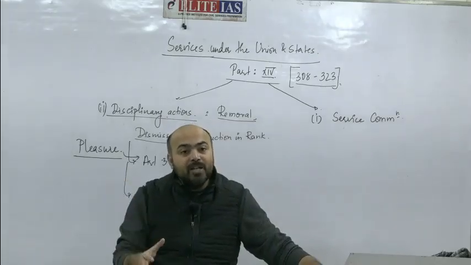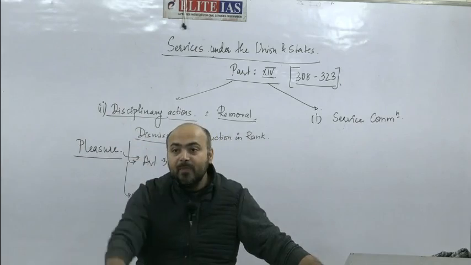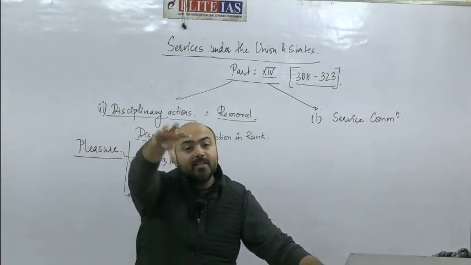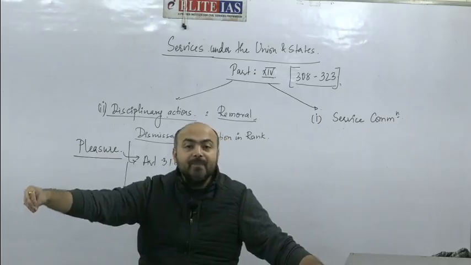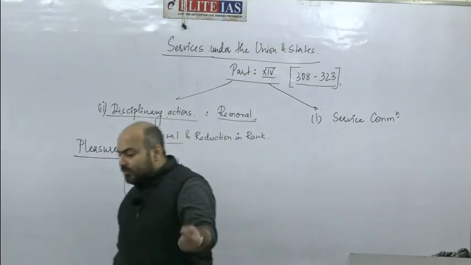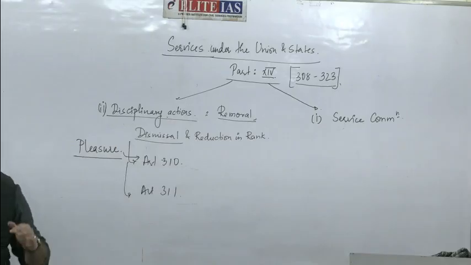Sometimes members of All India Services are accused of being nothing but agents of the center, and through them the center tries to exercise control over the state government. Why? Because though they are working in the state, they are not just implementing policies and programs made by the state government.